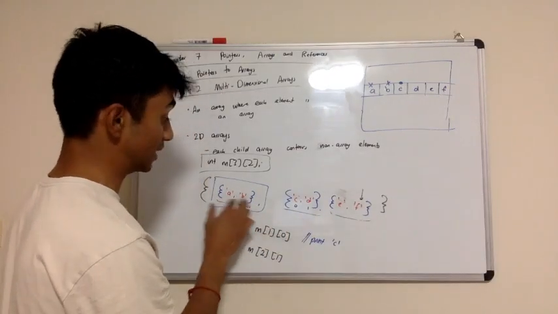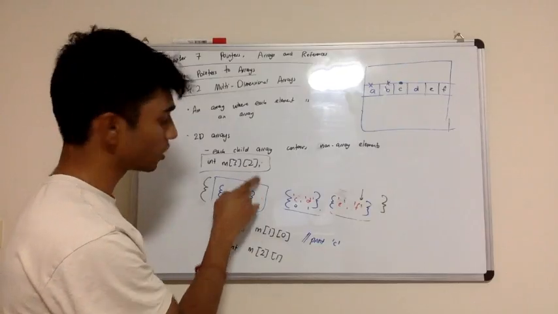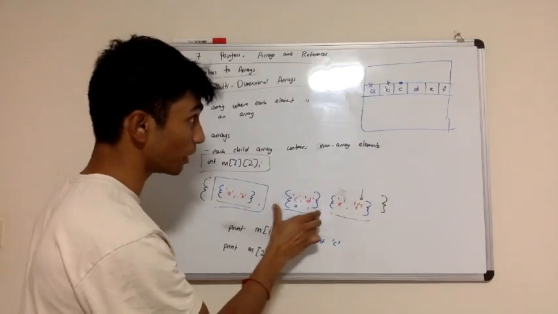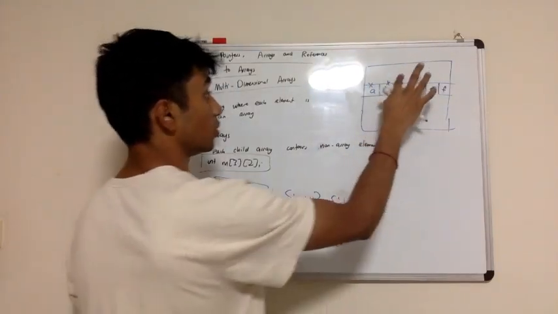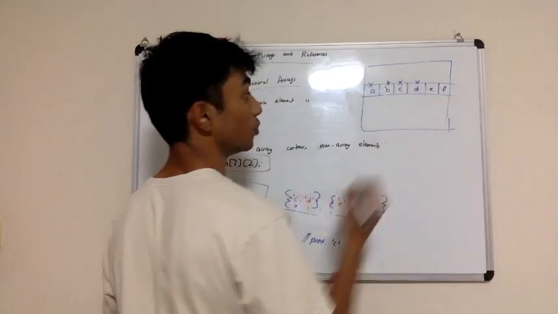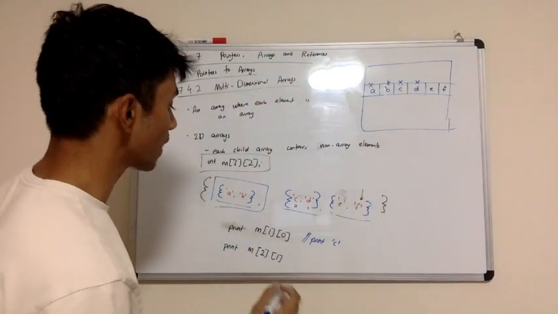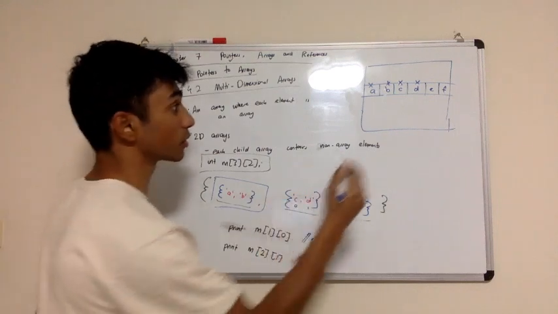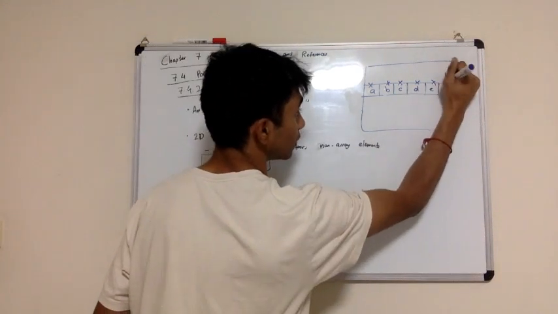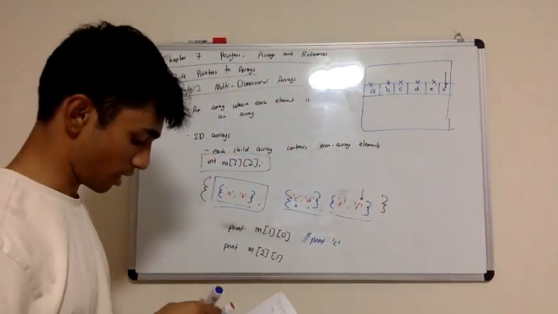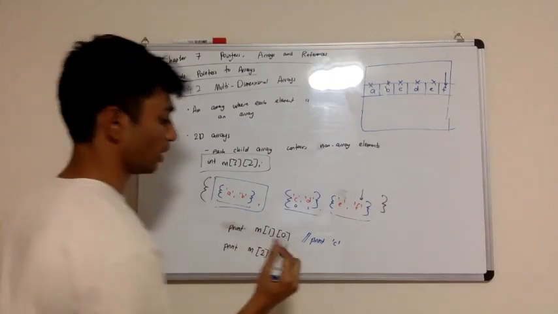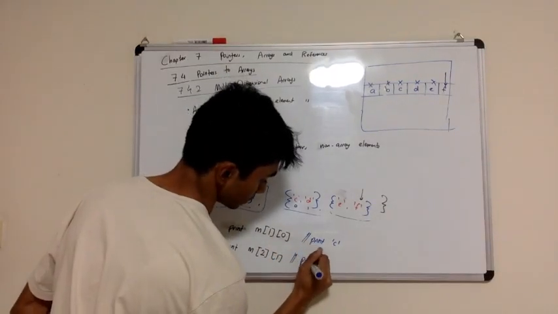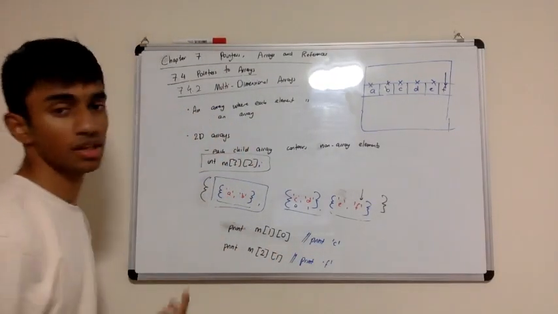So each of these child arrays is of size 2. That means I have to skip 2 times 4 bytes. So I have to skip 1, 2, 3, and 4. I don't want any of those. And then I know that I have to go to position 1, which means I have to skip position 0. So I have to skip this, and then I will reach the correct bit of memory to access the F and print it out.